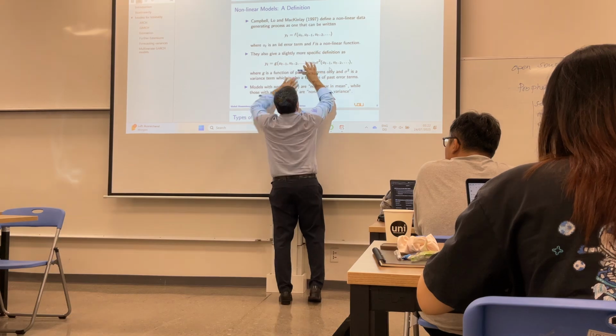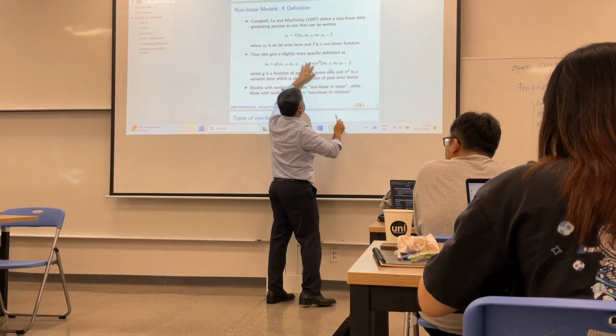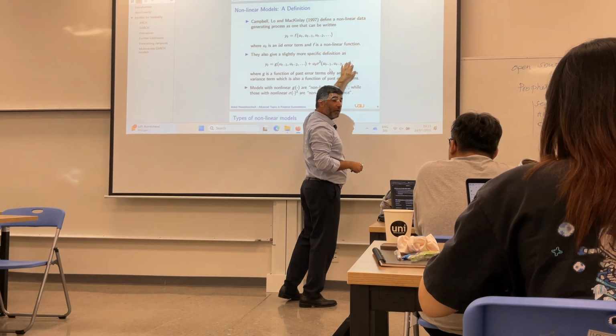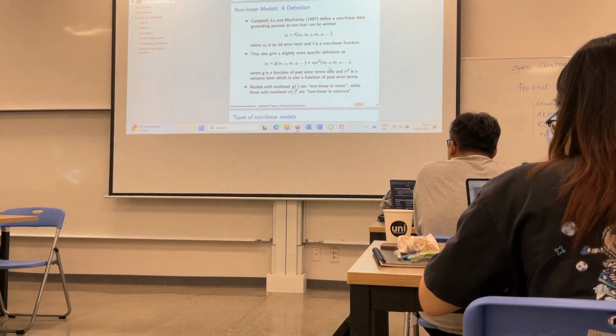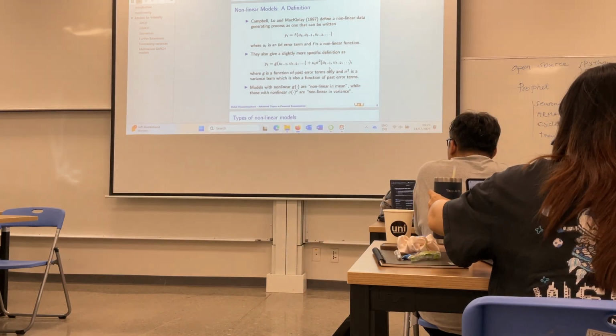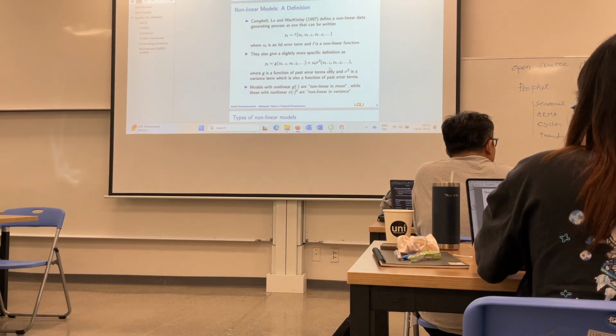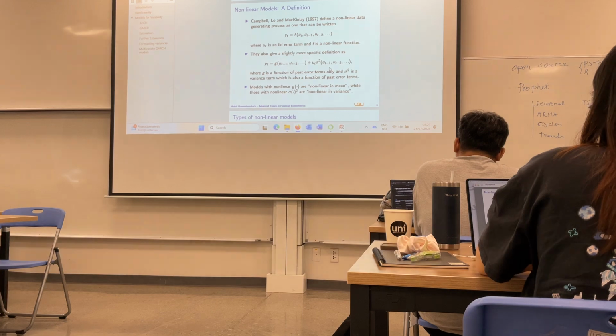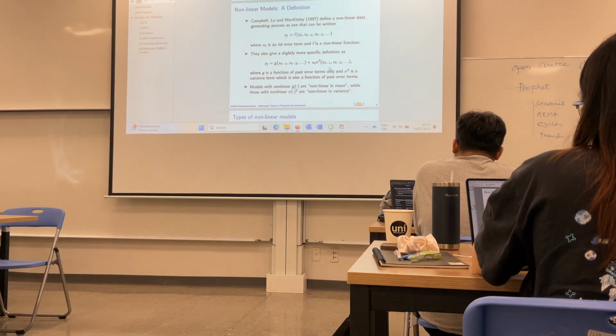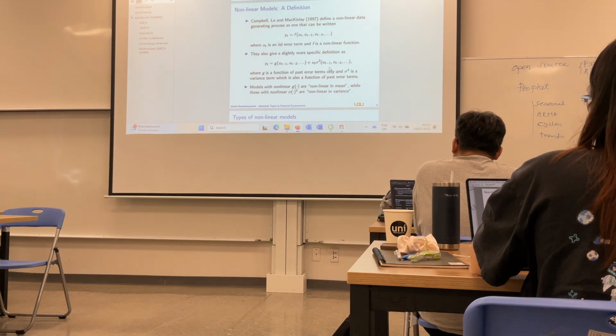Because this is a simplification of that. Now we need another simplification. Sorry, I didn't understand the question. So you mean that the additive model that I have here, you want some other thing?